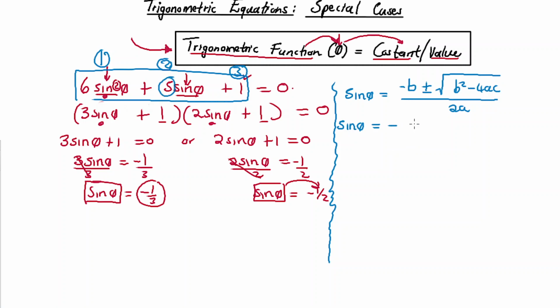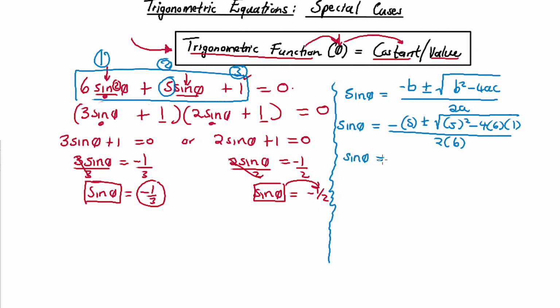B is the coefficient for the sine that is not squared. It's going to be 5, plus or minus the square root of b squared. It's 5 again, squared, minus 4, a is 6, c is 1, divided by 2a, that's 6.